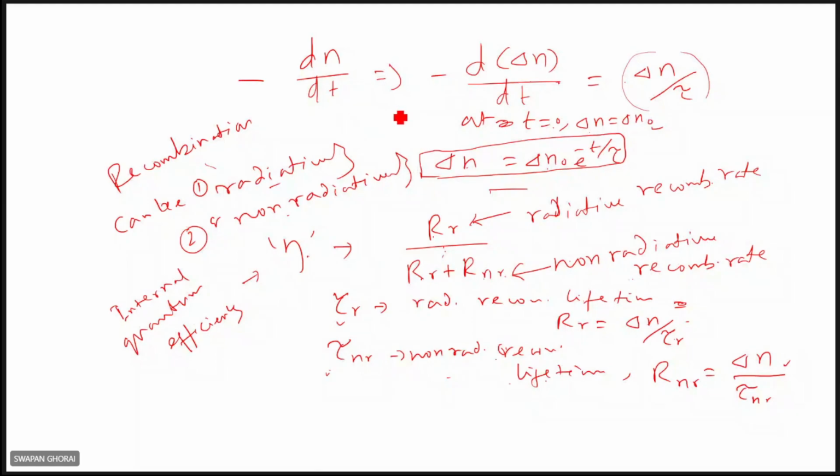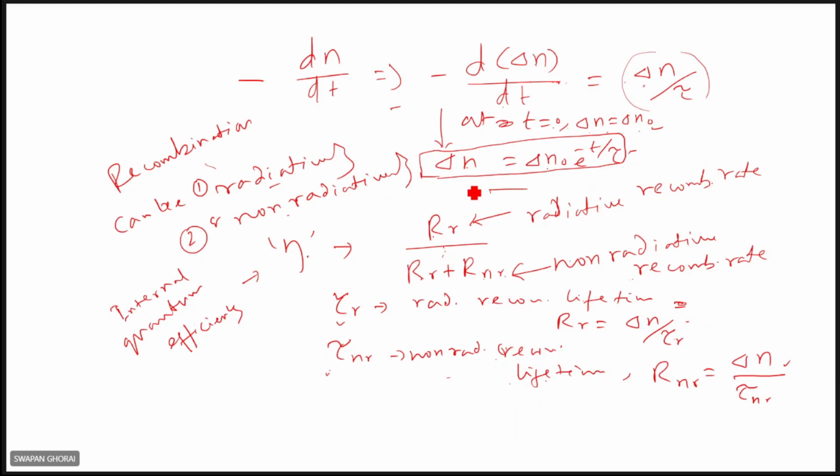So minus d delta n upon dt is the rate of reduction, and that is equal to the rate of recombination. If you solve this equation with the initial condition t equal to 0, delta n equal to delta n0, you will get this equation, delta n equal to what you have just seen.